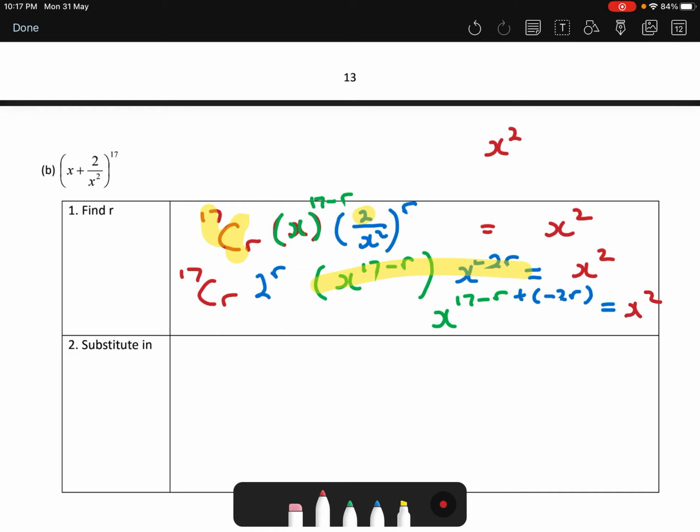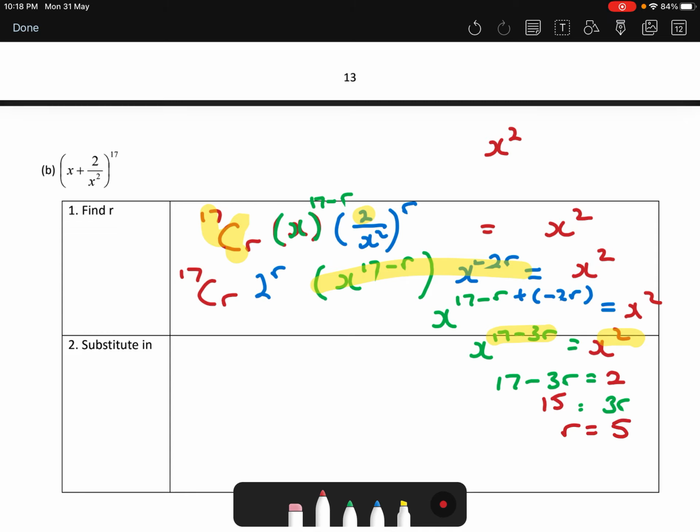So x to the power of 17 minus 3r equals x squared, so 17 minus 3r is equal to 2. So 3r is equal to 17 minus 2, which is 15. Therefore r is equal to 5.